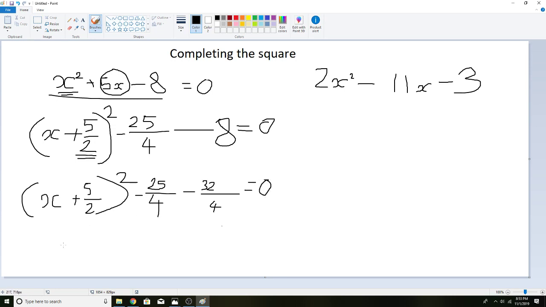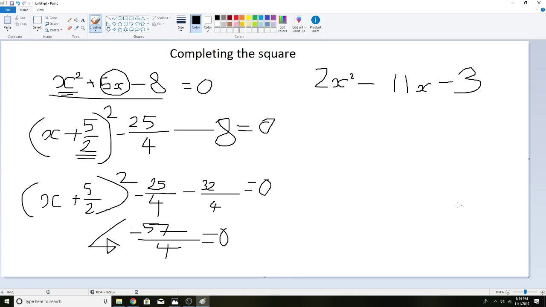And then that's basically minus 32. So what's 25 minus 32? It is minus 57/4, and equals 0. So this is just continuing from here, so I can just save some space.